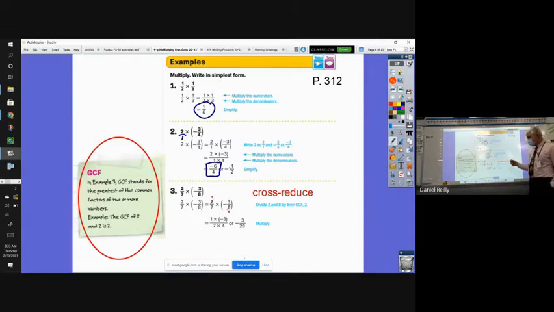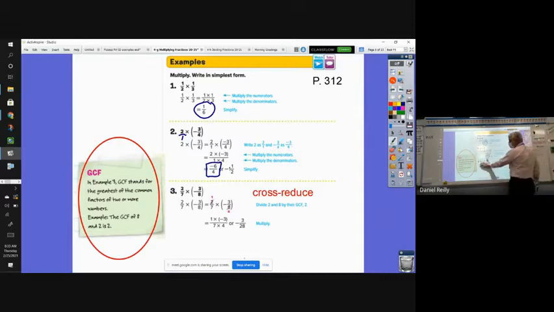Actually, the thing that you can do before you multiply across the top and across the bottom, to make your answer simpler and to make the multiplication simpler, is what I call cross-reducing.